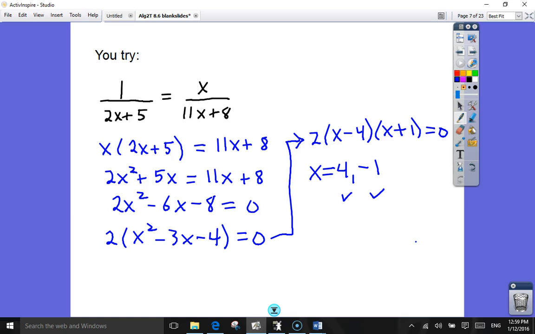And then that, luckily, had a common factor of 2. So I factored it out, but I could have just divided it out, right? It's not going to be part of the solution here. X squared minus 3x minus 4 factors, and that makes the solutions positive 4 and negative 1. And it doesn't look like either one of those is going to make these denominators equal 0, so there's no extraneous solution.